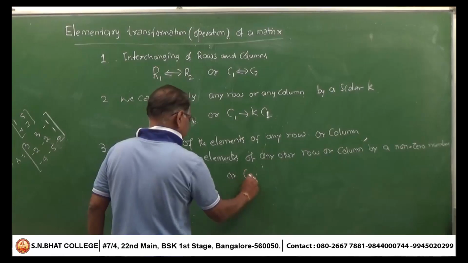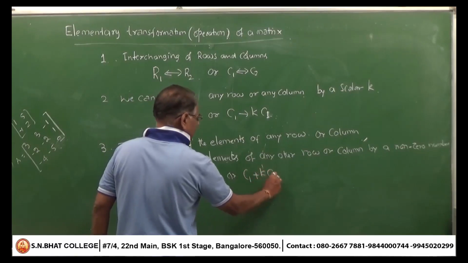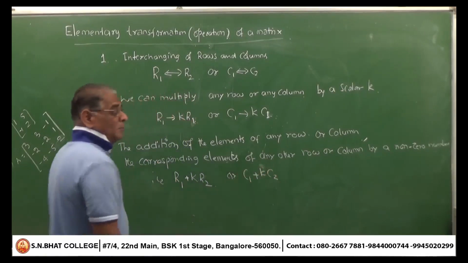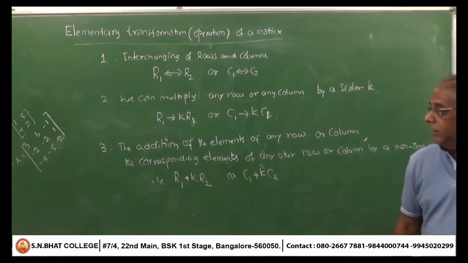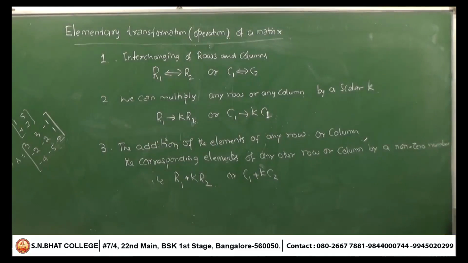Or column wise, C1 plus K times C2. Multiply any other column by K and add to C1. These three are the elementary operations.